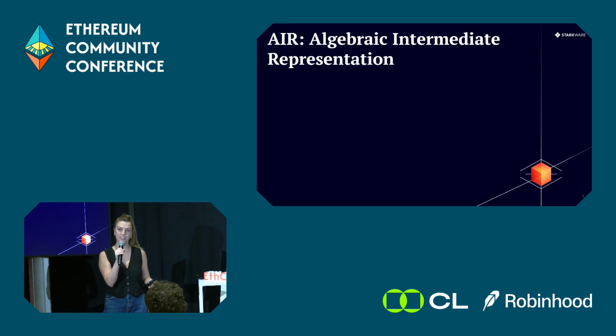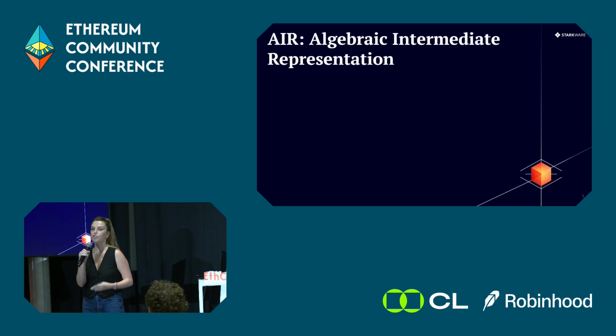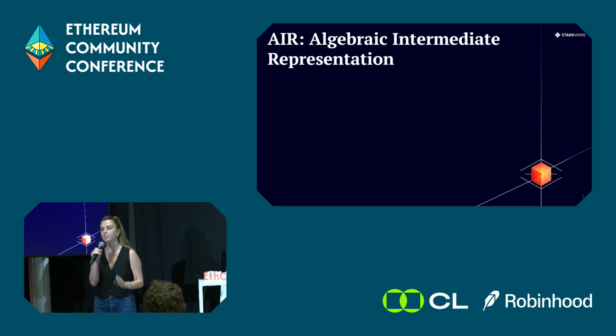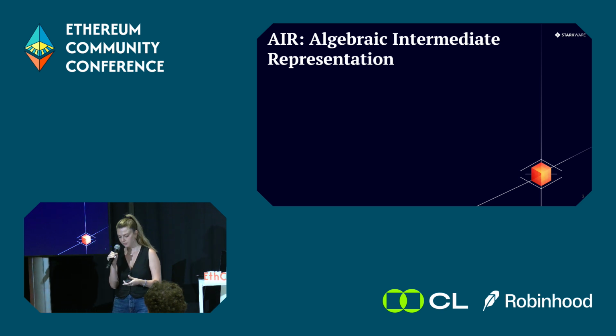So in our setting, the prover is Stwo, and it is responsible for generating a proof. To do that, it uses a description of the calculation called AIR, Algebraic Intermediate Representation. But I will explain more on it in the upcoming slides.